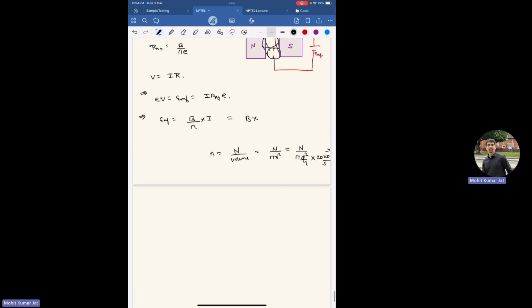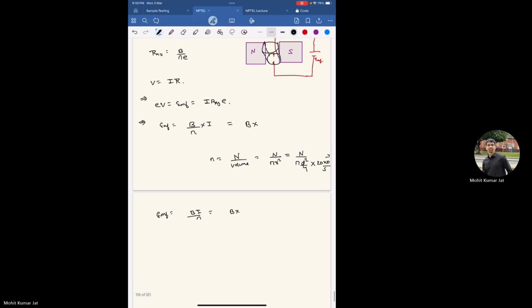So I by n can be written simply as B times pi d square by 4 times 20 into 10 power minus 4.